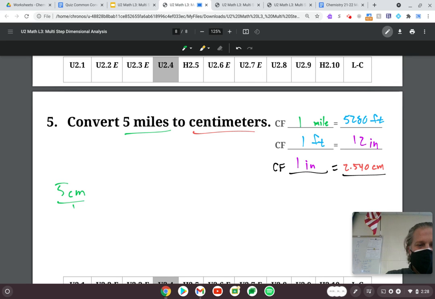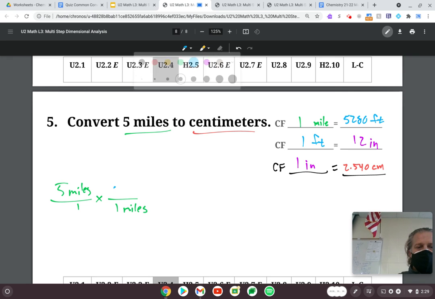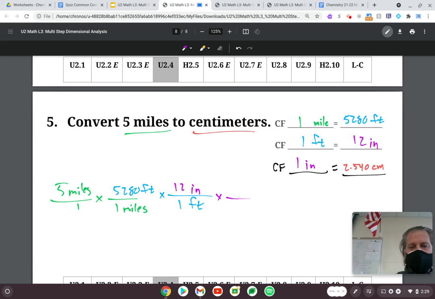Okay, so when you set this problem up, we're going to take 5 miles. Not 5 centimeters, that's crazy talk. 5 miles. And convert that to feet. And convert feet to inches. And convert inches to centimeters.